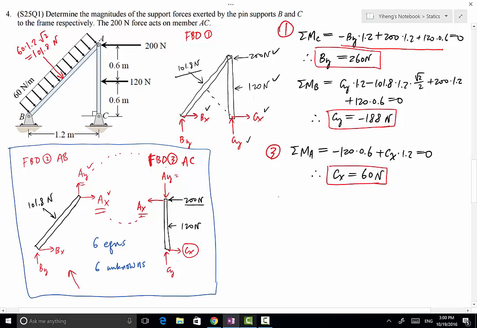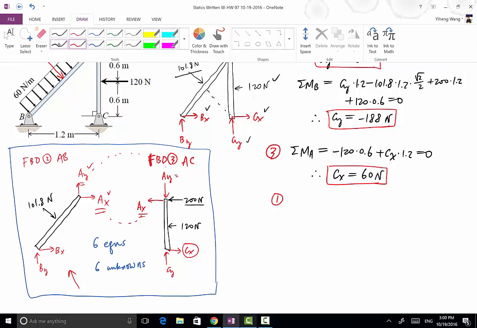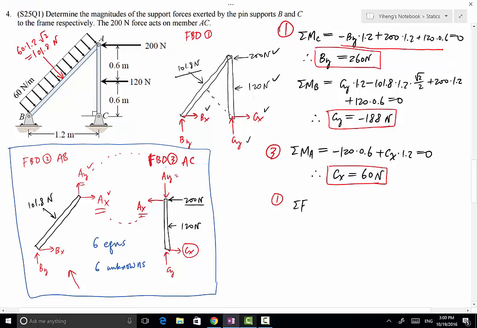At this point, if we go back to free body diagram number 1 and sum the forces along the x direction, we have Bx plus 101.8 times square root of 2 over 2, minus 200, minus 120, plus Cx, 60, equals 0.